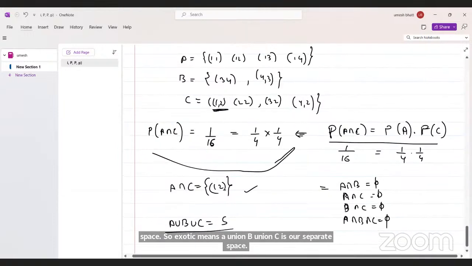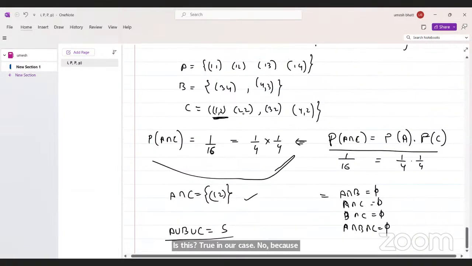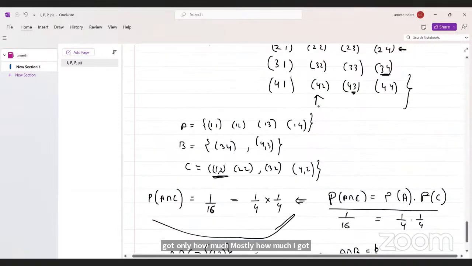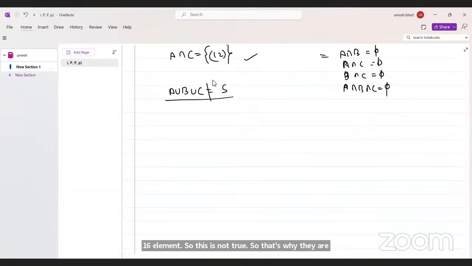Is this true? In our case, no, because if I union these, I get only 9 elements, but in my sample space there are 16 elements. So this is not true, and that's why they are not exhaustive.